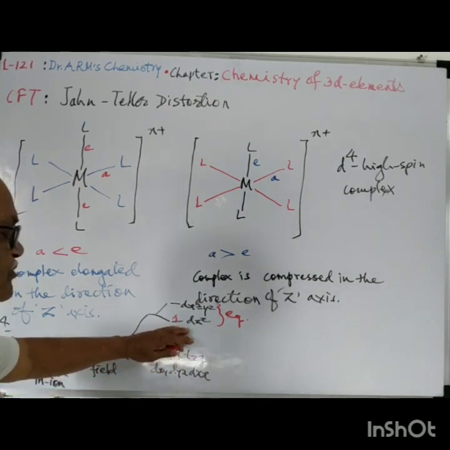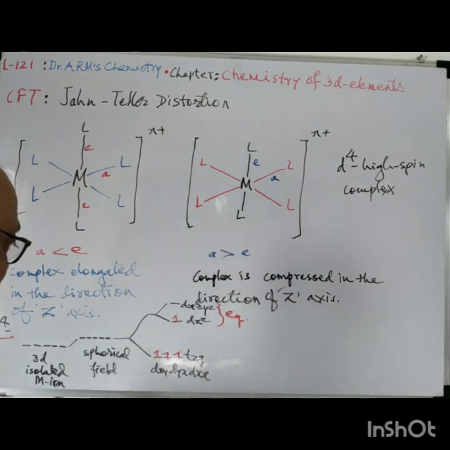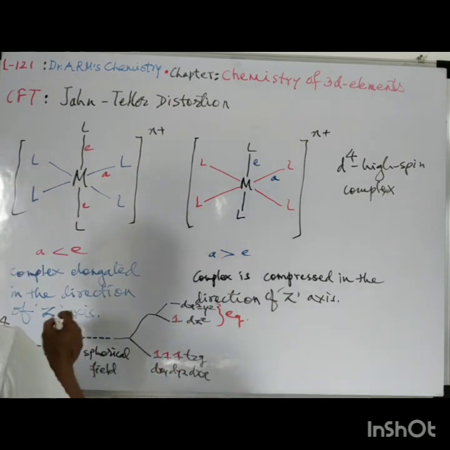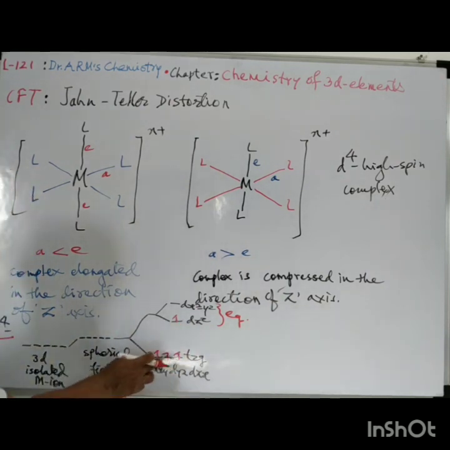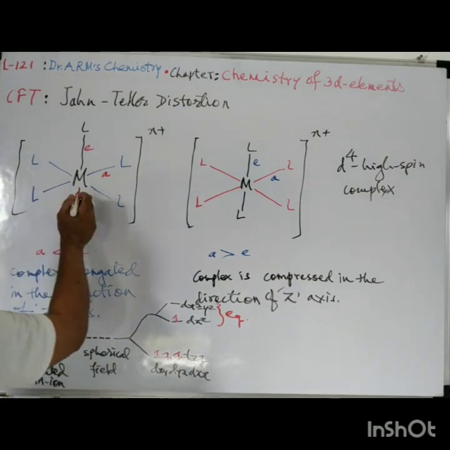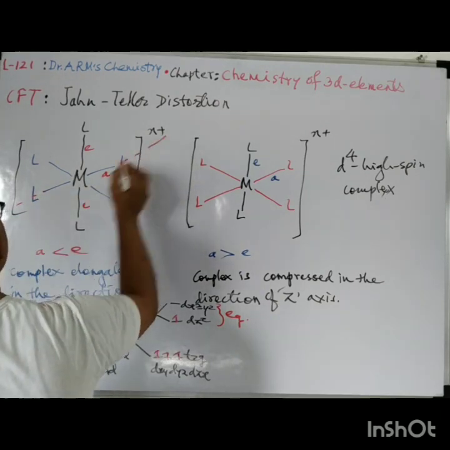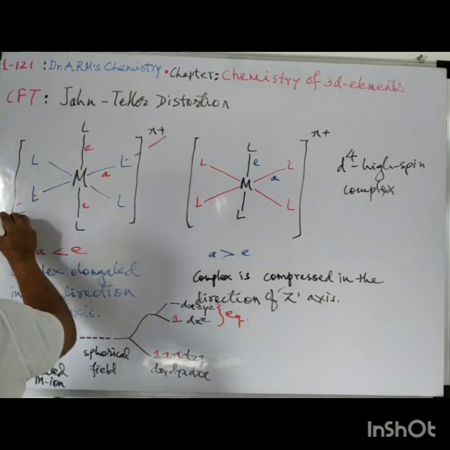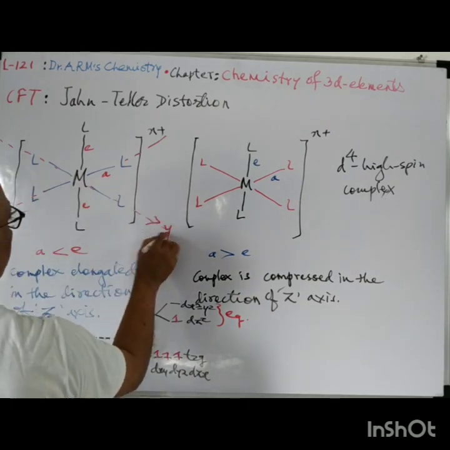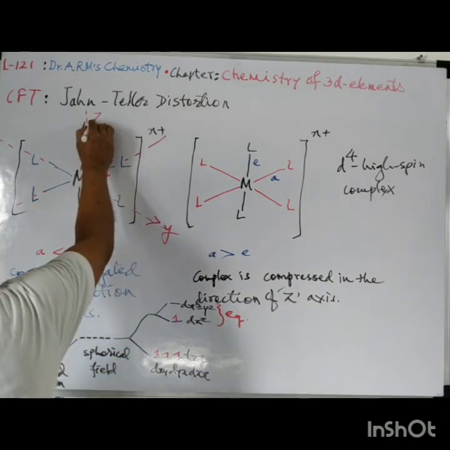So the 4th electron enters into this dz2 orbital. Now, these 3 orbitals are lying between the x, y and z axes. So you can consider this as the x axis, this as the y axis, and this as the z axis.